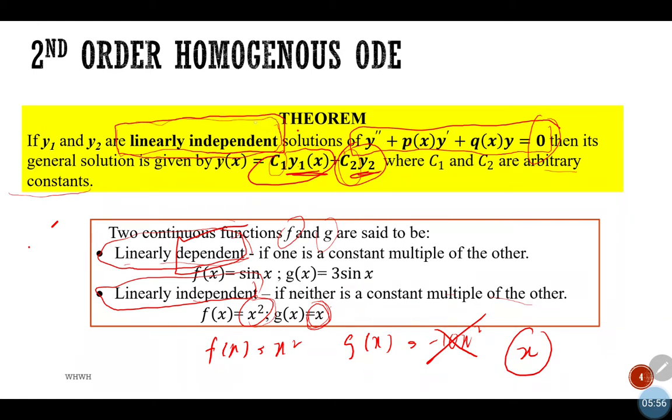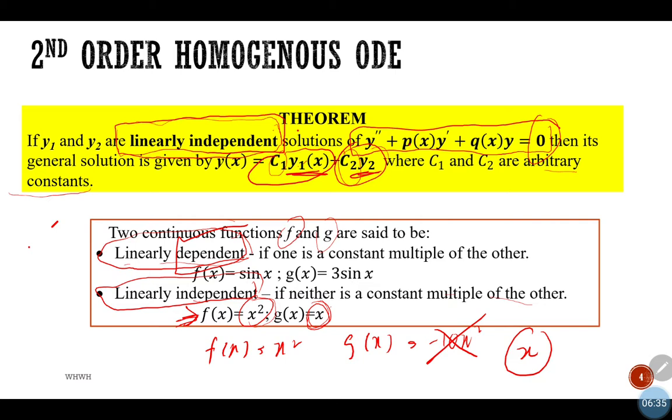So class, you have to make sure the solutions you get for y1 and y2 are not constant multiples of each other. So we cannot have, if you get y1 equals sin x, y2 equals 3 sin x, both solutions are not the correct solution because they are constant multiples of each other. You have to make sure the solutions are linearly independent. If like this, it is correct. If you get f(x) equals x squared as your y1 and g(x) equals x as your y2, then that will be fine.